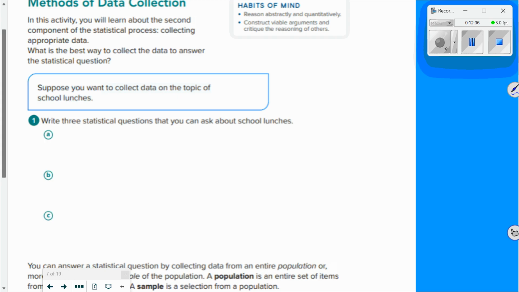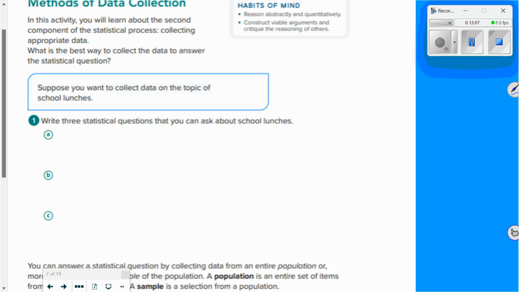Who can give me a statistical question about lunch? Would that give you more than one answer? No. If you specifically say in a month, we could look at the calendar for lunch and we would get how many answers? So is that a statistical question? No. Lower your voices, please.